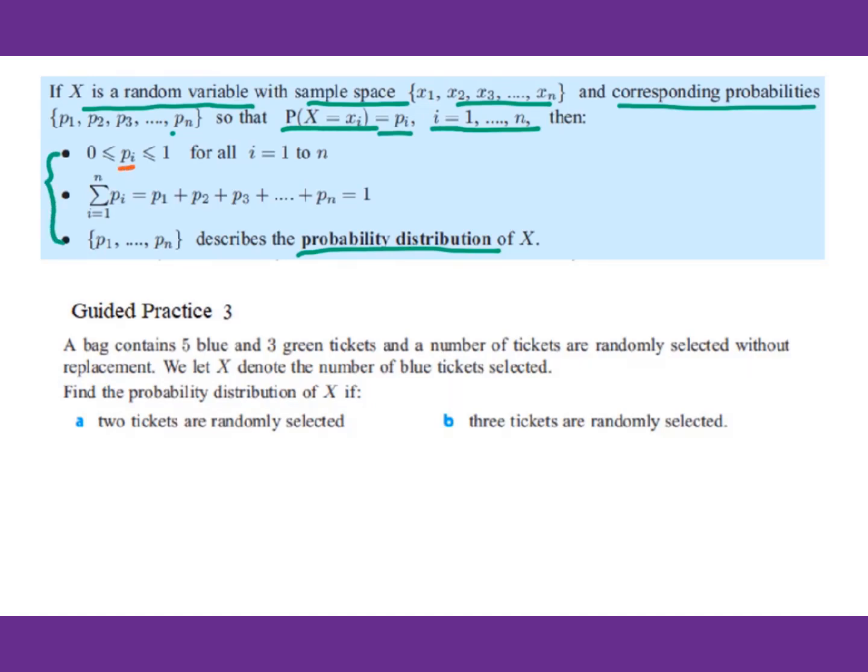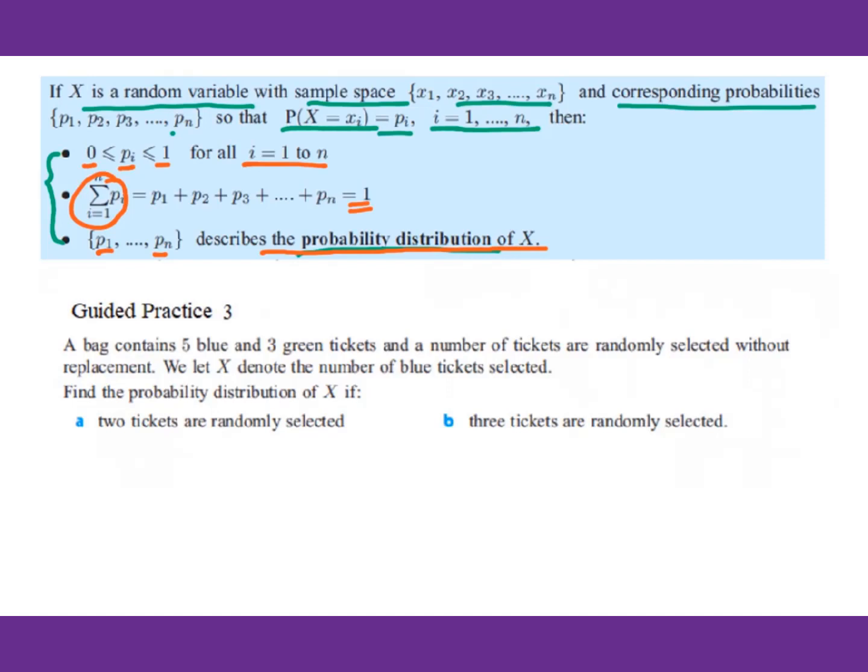This probability must be between 0 and 1 for all i. The sum of this probability equals 1. The set p1 until pn describe the probability distribution of X.